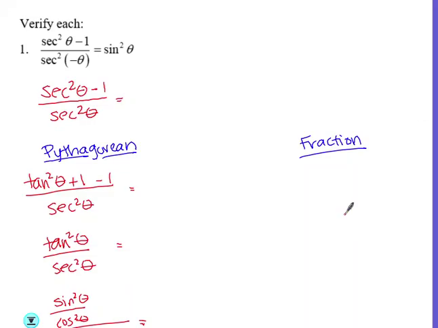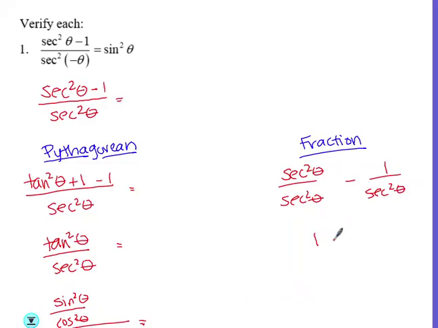Let's look at a different method. If I start here with secant squared theta minus 1 over secant squared theta, I'm going to split up this fraction. Then I'm going to simplify each of these smaller fractions.